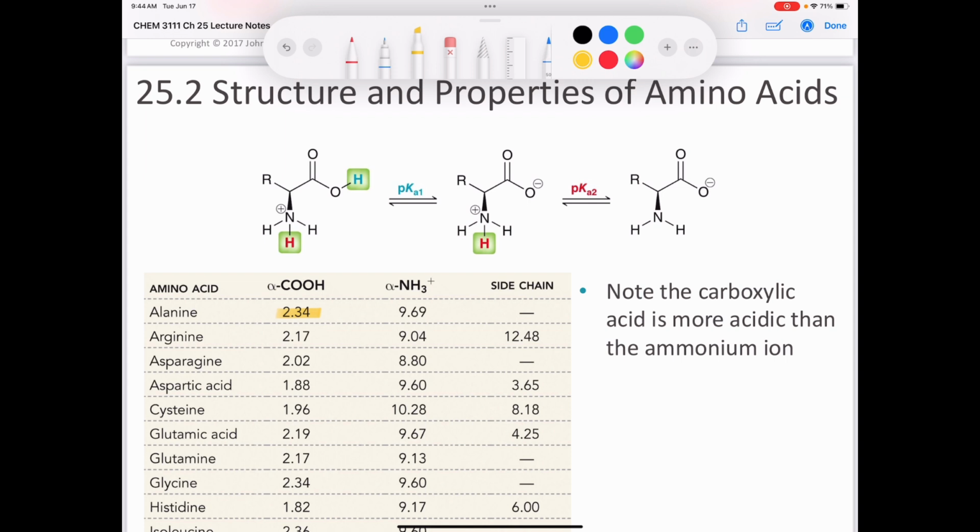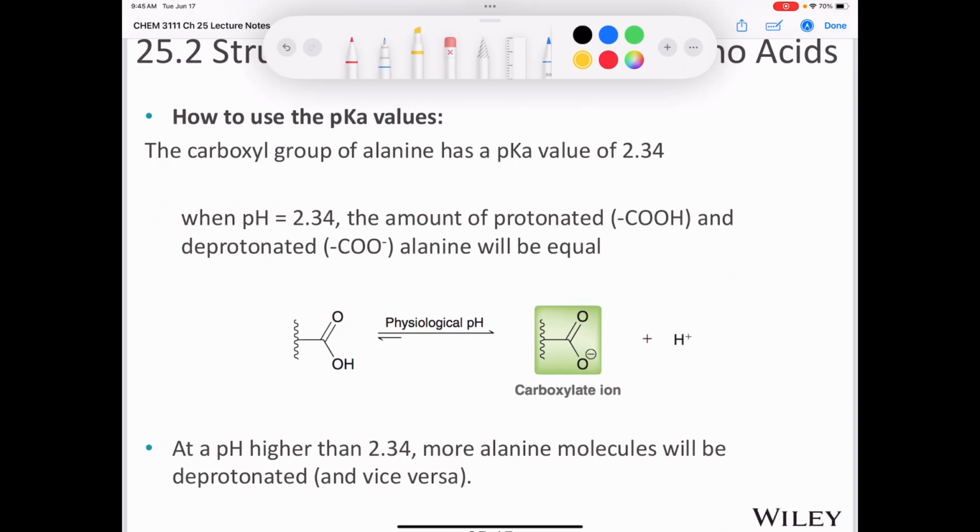So if we have any pH below 2.34, meaning more acidic, the uncharged form is going to predominate. It's going to be protonated, whereas at any pH above 2.34, the carboxylate ion will predominate. And so what form is going to predominate at physiological pH? Well, again, and I'm repeating myself, the pKa value of the carboxyl group in alanine happens to be 2.34.